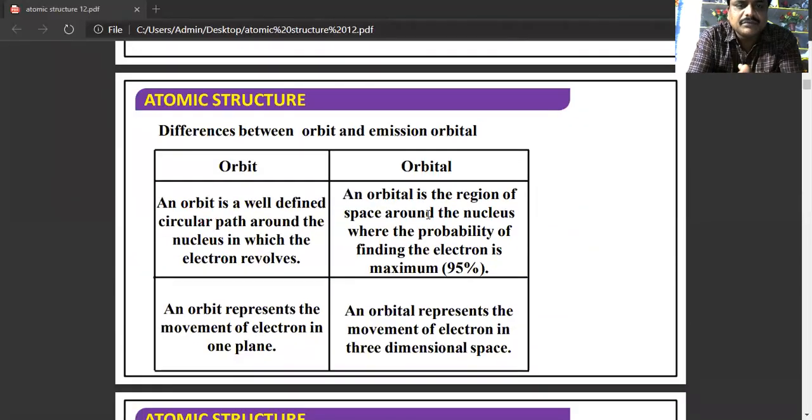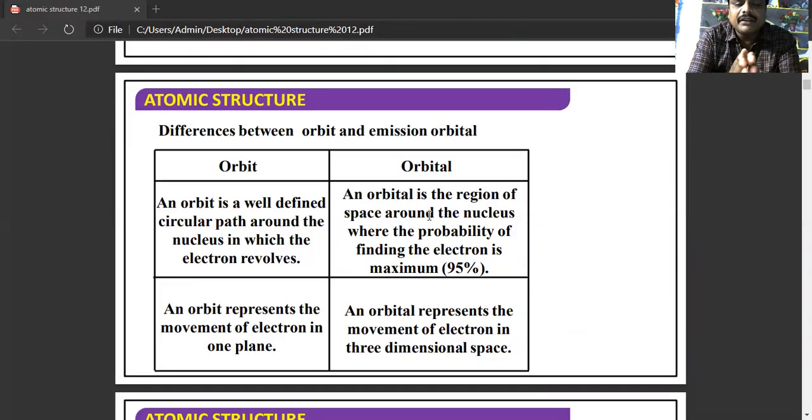So what is the difference between orbit and orbital? An orbit is a well-defined circular path in which the electron revolves around the nucleus, whereas an orbital is the region of space around the nucleus where the probability of finding the electron is maximum.